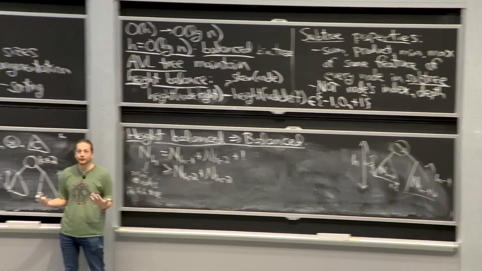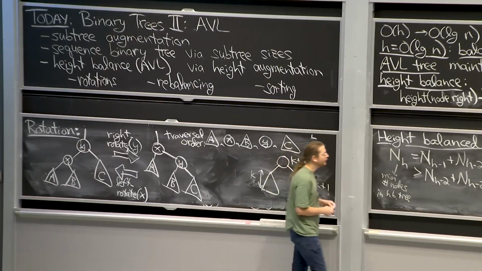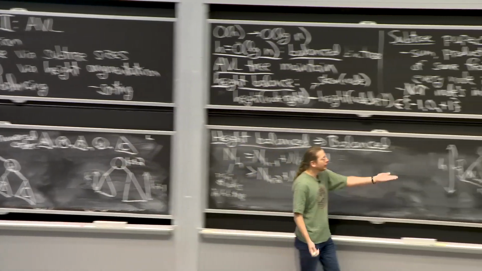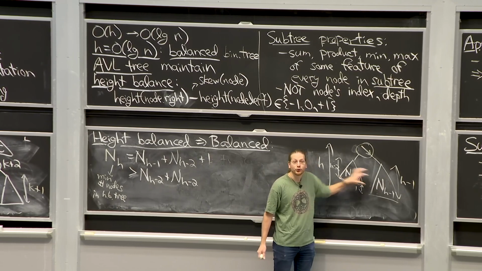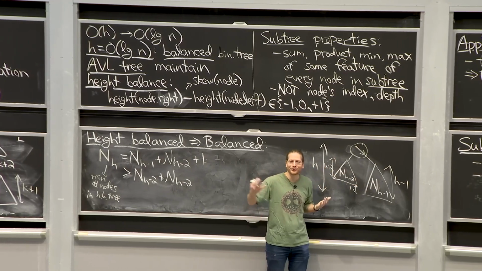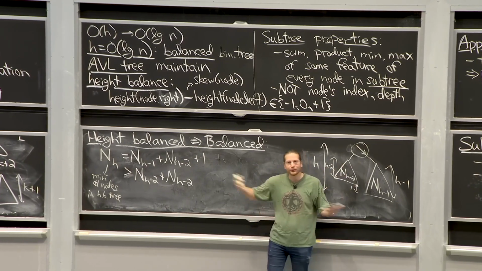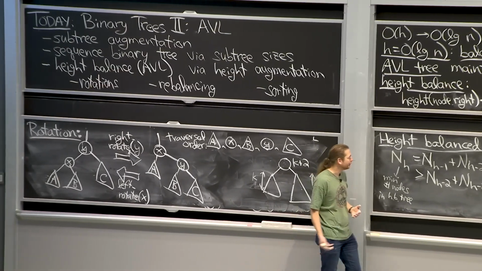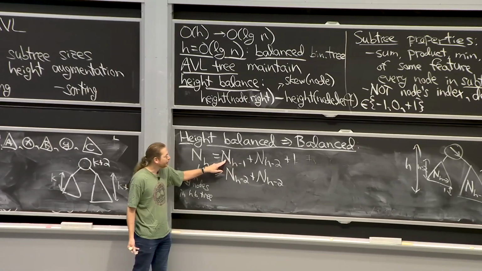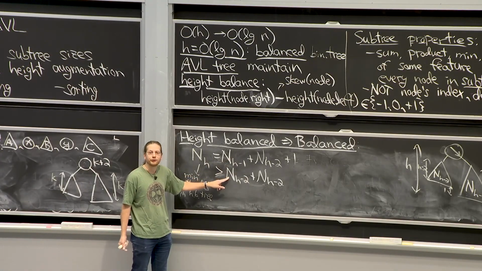Here I'm implicitly using a fact, which is obvious by induction, that this tree on height, if I take this tree versus this one, has more nodes than this one. Right? If I have larger height, this construction is going to build a bigger tree. At least as big. Doesn't even need to be strictly bigger. So certainly n sub h minus 1 is greater than or equal to n sub h minus 2.